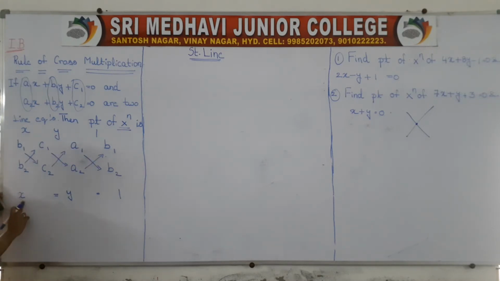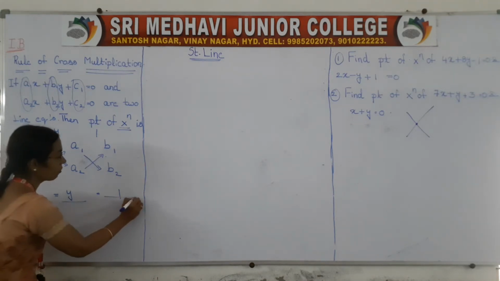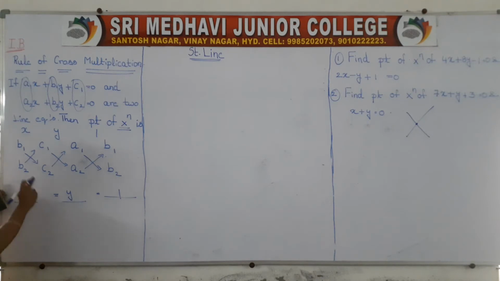After that we write x divided by, is equal to y divided by, is equal to 1 divided by. For x, which values do we take? This into this minus this into this, that's why we draw arrow marks like this. So it is b1 c2 minus b2 c1.